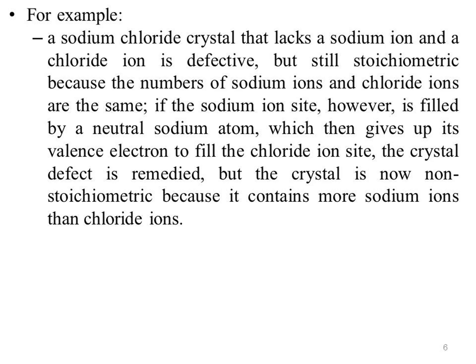If the sodium ion site, however, is filled by a neutral sodium atom, which then gives up its valence electron to fill the chloride ion site, the crystal defect is remedied, but the crystal is now non-stoichiometric because it contains more sodium ions than chloride ions.